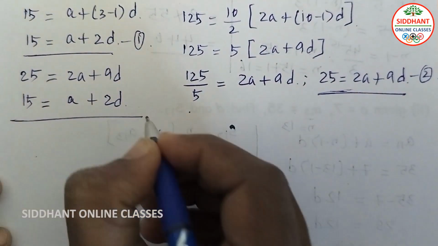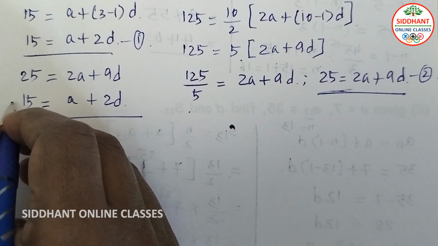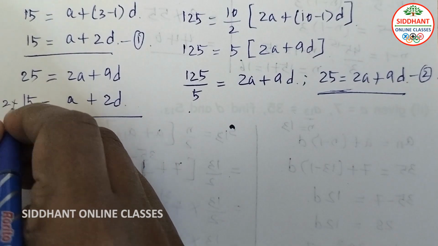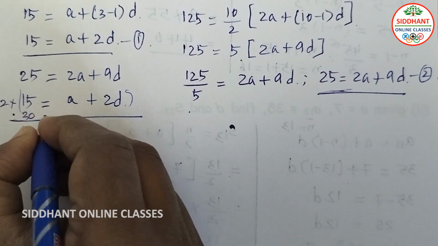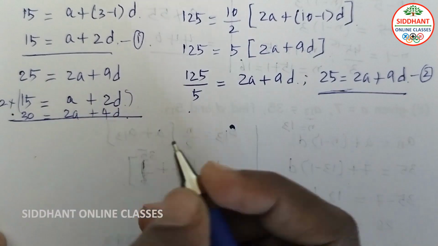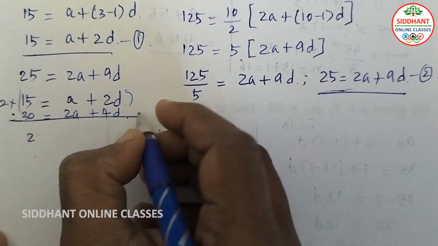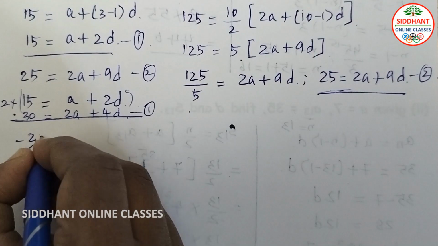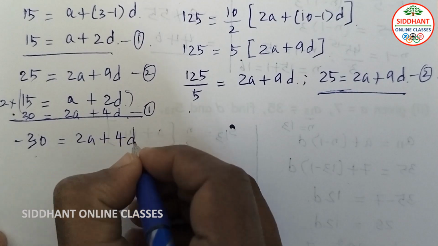Now, multiplying with 2 here to cancel the 2 here, when we multiply by 2, we get 30 equal to 2A plus 4D here. Now taking the first equation, this is the first equation, and this is the second equation. So 30 equal to 2A plus 4D here.